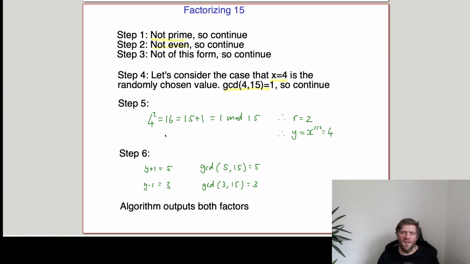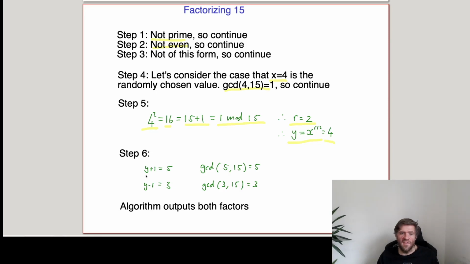So then we move on to the quantum part, and we need to find, well, what is the order of 4 modulo 15? Well, 4 squared is 16, which is obviously 15 plus 1, so that is 1 mod 15. So r is 2, the order of 4 modulo 15. So r is even, so the y we can use is x to the r over 2, which is x to the 1, which is 4.